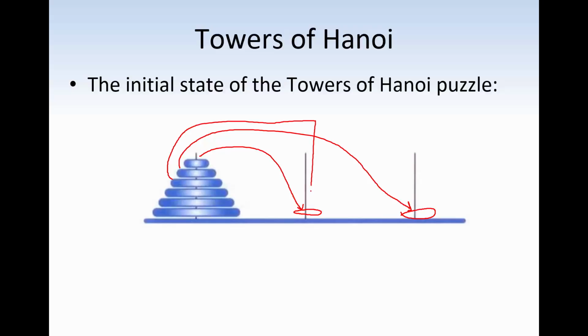This is illegal. I can't put a bigger disk on top of a smaller disk. I also can't put it over here because, again, this is a smaller disk. I can't put something really large there. This doesn't work. So the basic rules are: move one disk at a time, can't put a larger disk on top of a smaller disk, and all disks must be on a stick.